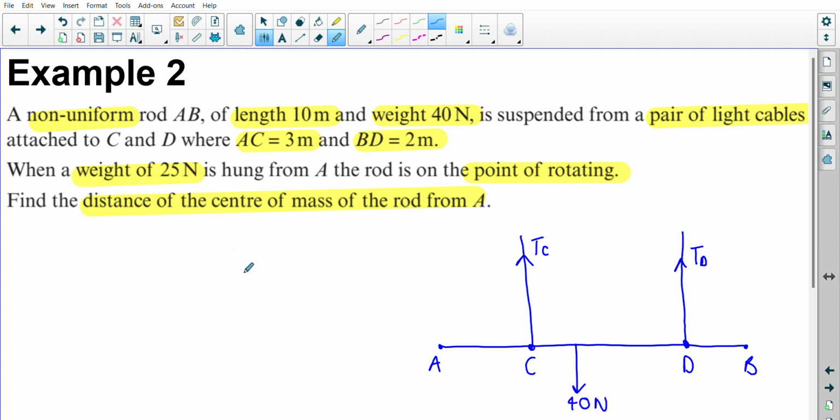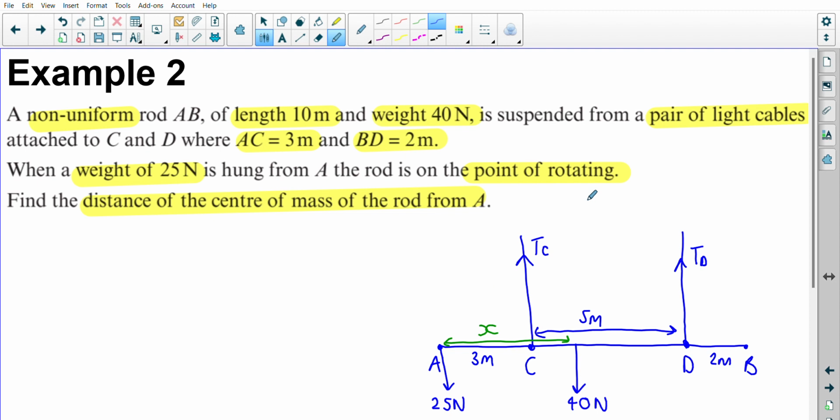And that's what we're trying to find, the distance of the centre of mass of the rod from A. So I'm trying to find this distance here. Now someone's added a weight, which is hung from A. So there's going to be a weight here of 25 newtons. I'm just going to add on that length as being 5, that length as being 3, and that length as being 2. And if I need anything else, I can find it.